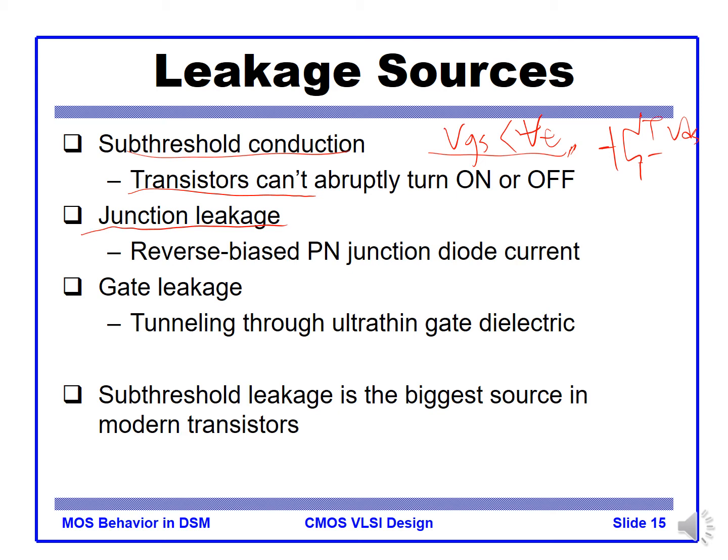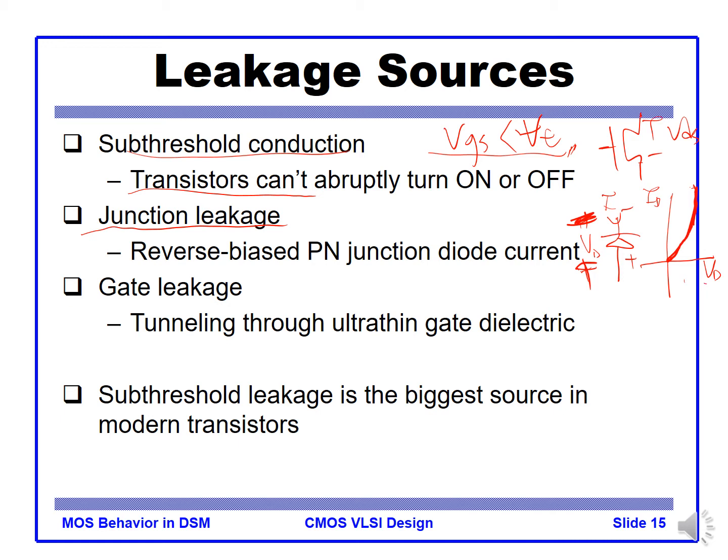And also there's junction leakage. We have a lot of reverse junctions and diodes inside the transistor structure. Even though they're reverse biased, there's a non-zero current, right? From the diode current voltage equation, if we increase voltage over the diode, we follow the exponential curve.